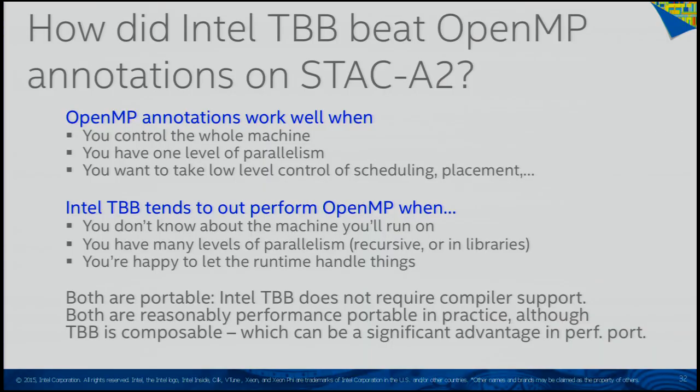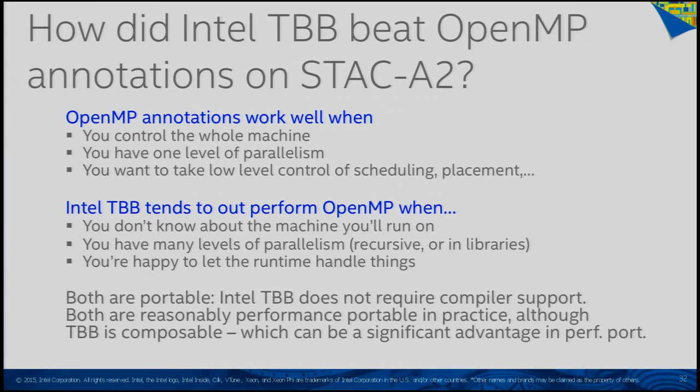OpenMP works pretty well when you don't need the dynamic nature of TBB. When you control the entire machine, when you only need one level of parallelism, and when you want to take control, statically decompose or whatever, OpenMP does really well. But with TBB, if you start being dynamic, you start having virus checkers run, you start having a machine that's not as HPC-like, or if you need lots of levels of parallelism, TBB can really kick OpenMP's butt.